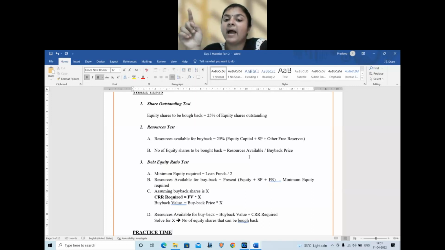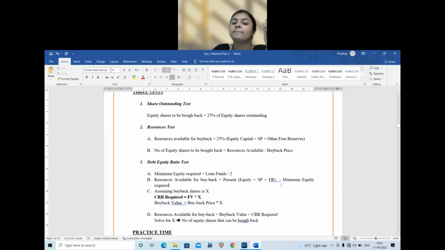Resources available for buyback is equal to present equity, which is present equity plus securities premium plus free reserves, which is nothing but what you found out in test 2, minus minimum equity required, if there is a minimum criteria to be maintained. What is that minimum criteria? The value that you got in formula A, minimum equity required. So this formula A is what we need to subtract.